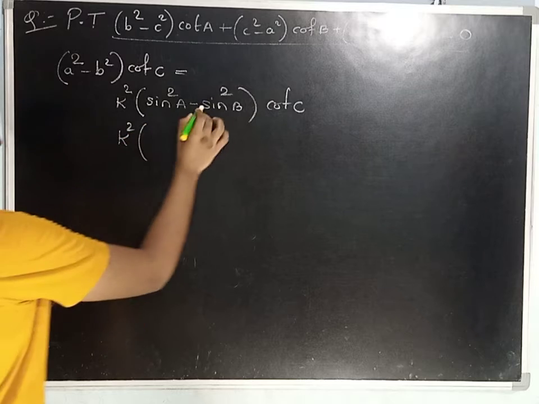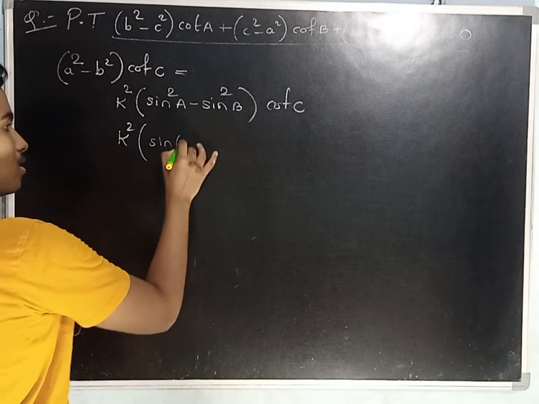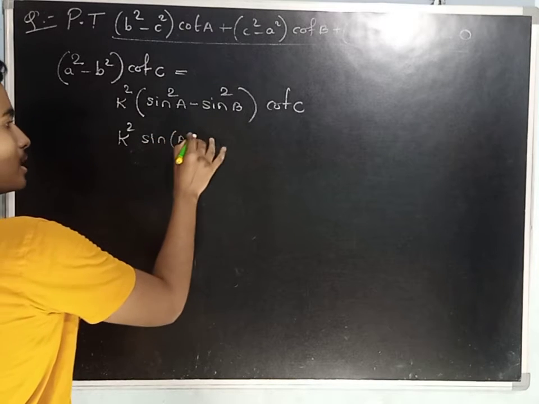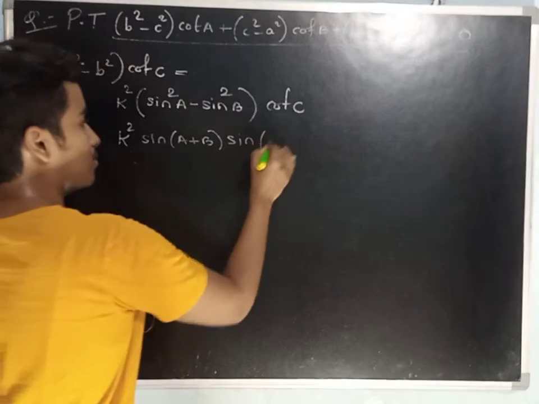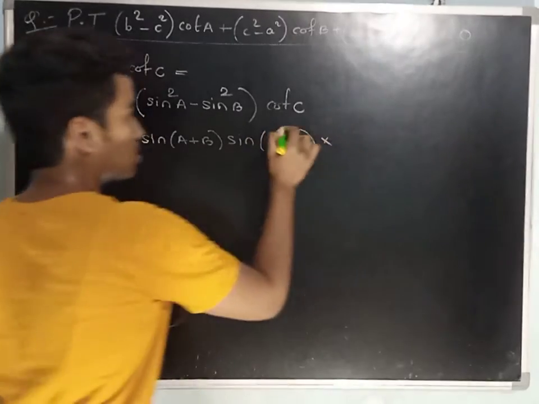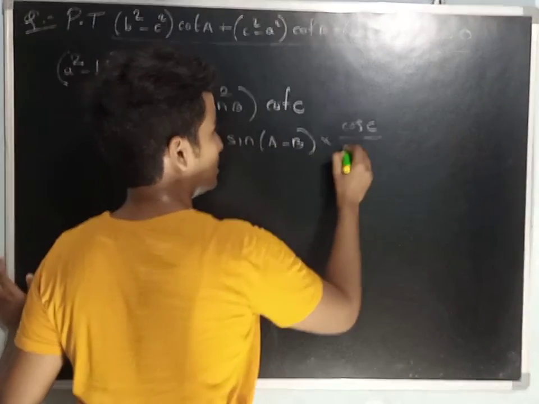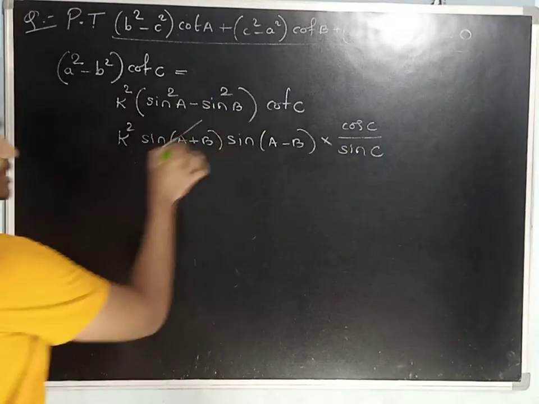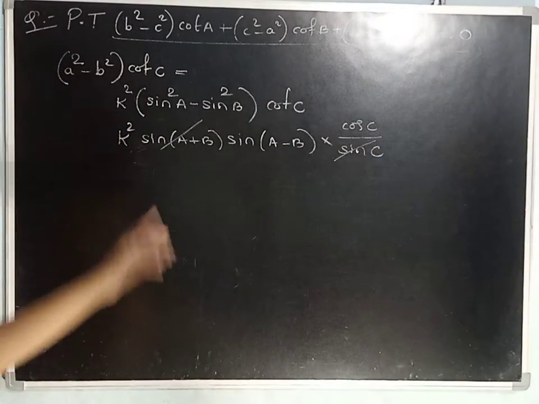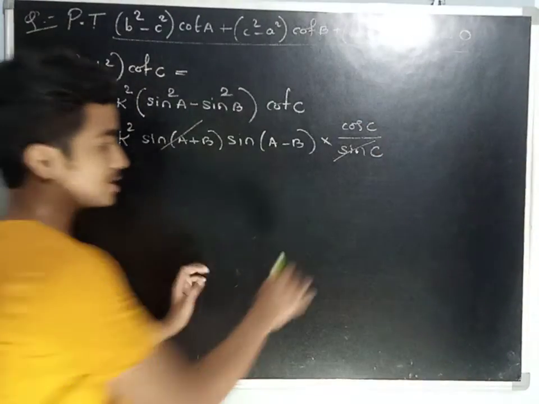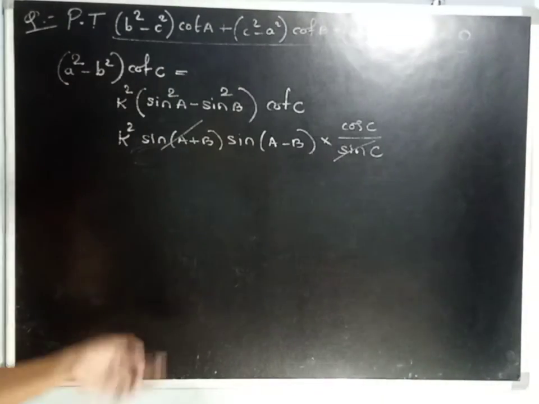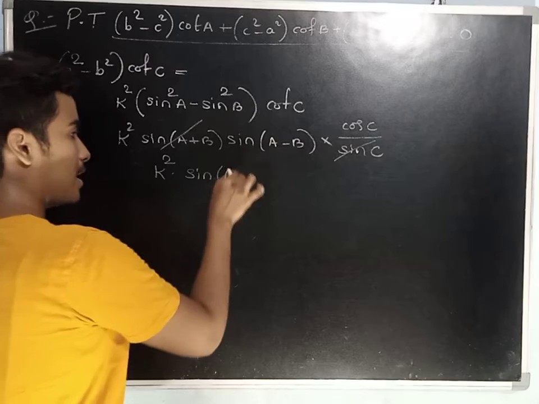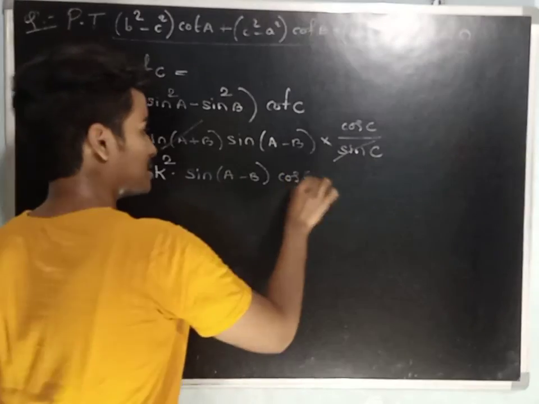K square into sine square a minus sine square b is sine of a plus b into sine of a minus b. Into cos c, that is cos c by sin c, and sine of a plus b by sin c. These both get cancelled. You know very well about this: in the previous video, sine of a plus b is nothing but sin c. So we get k square into sine of a minus b into cos c.